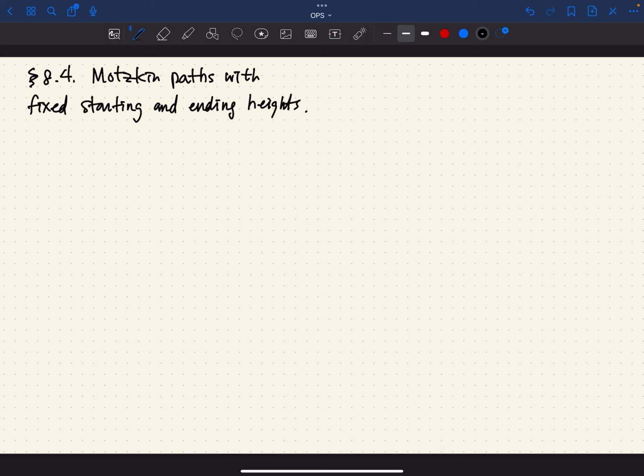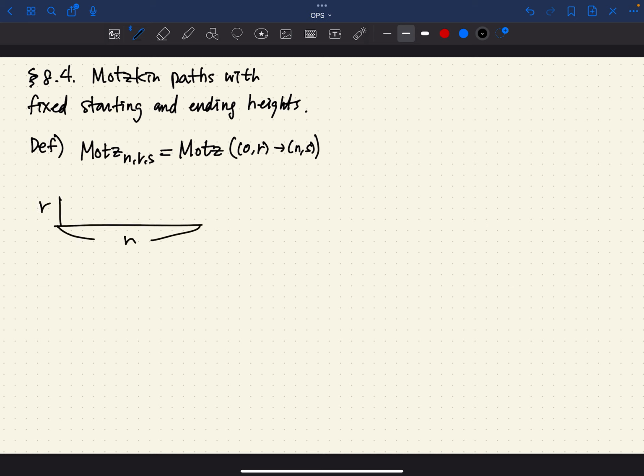So we define this mu n r s to be the generating function for all Motzkin paths, starting point 0, r, ending point n, s. So the length is n, but the starting height is r, ending height is s, like that.